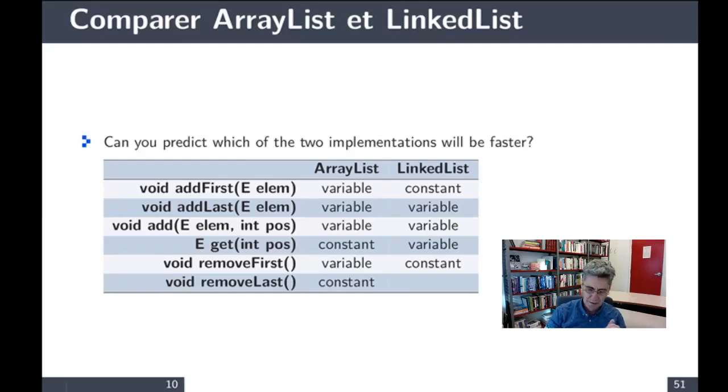On the other hand, if the data structure is shrinking as we are removing elements, then remove last would be variable. Finally, remove last for the linked implementation requires us to traverse the list, so therefore the time is variable.